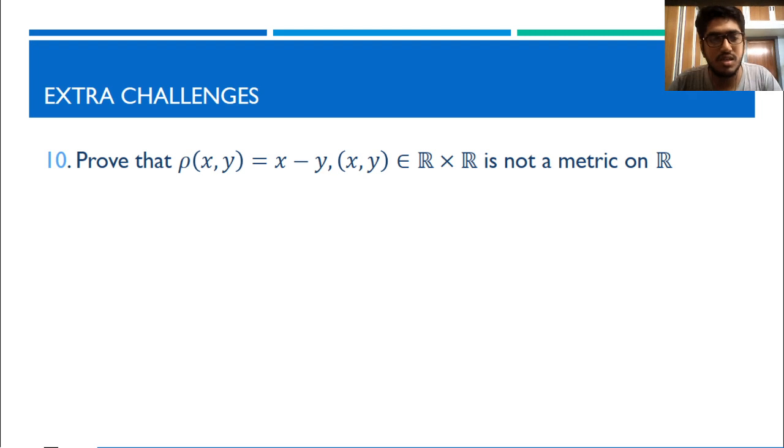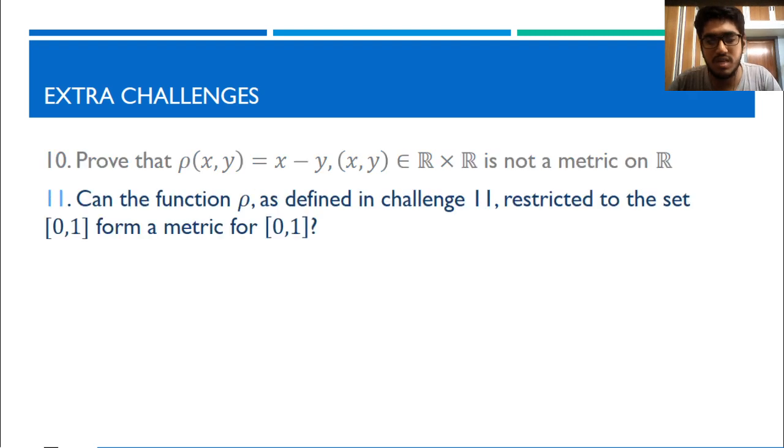Anyway, let's continue to the next question. So I'll display the question. I'll give you 30 seconds to go through it and post your thoughts. The question is simply, can this work as a metric for the closed interval 0, 1?